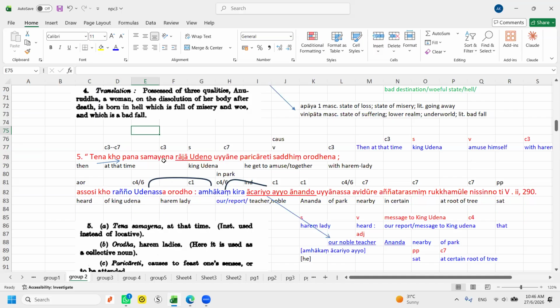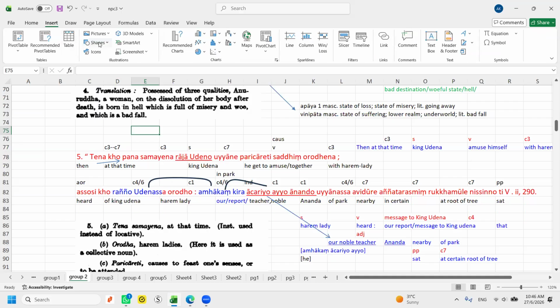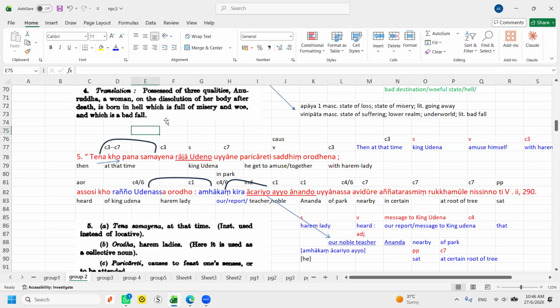This one, samayena, means at that time. Then the word pana means then. So, at that time, then.